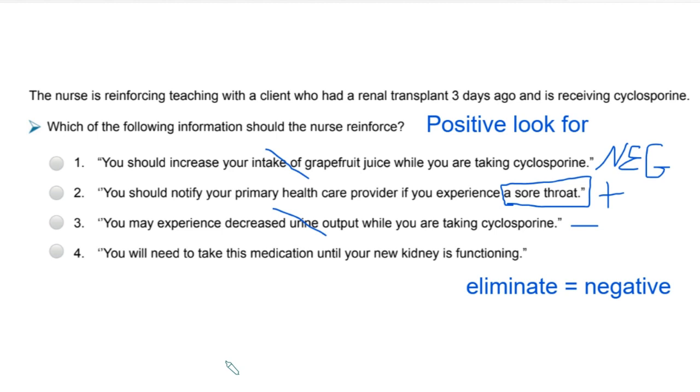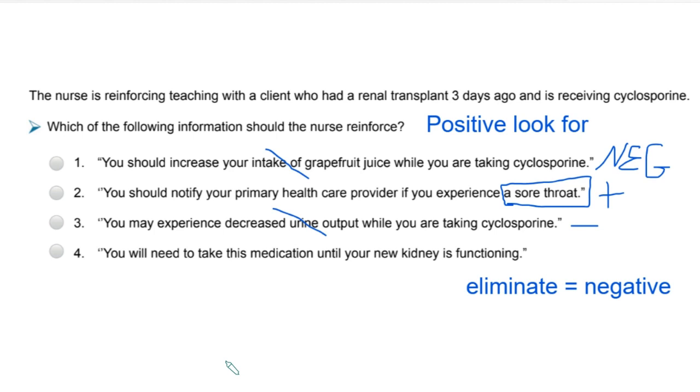You will need to take this medication until your new kidney is functioning. Here again, this sounds like once their kidney is functioning, I'm going to come off of this medicine, or I'm going to stop taking it. It is truly the healthcare provider who should inform this patient case by case depending on the individual, whether or not they can stop taking the medication. We're hoping the kidney function will resume within the reasonable amount of time described by the healthcare provider.